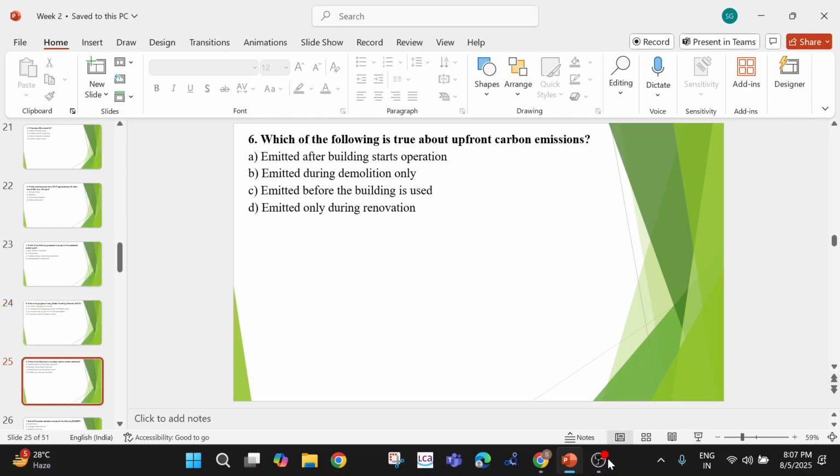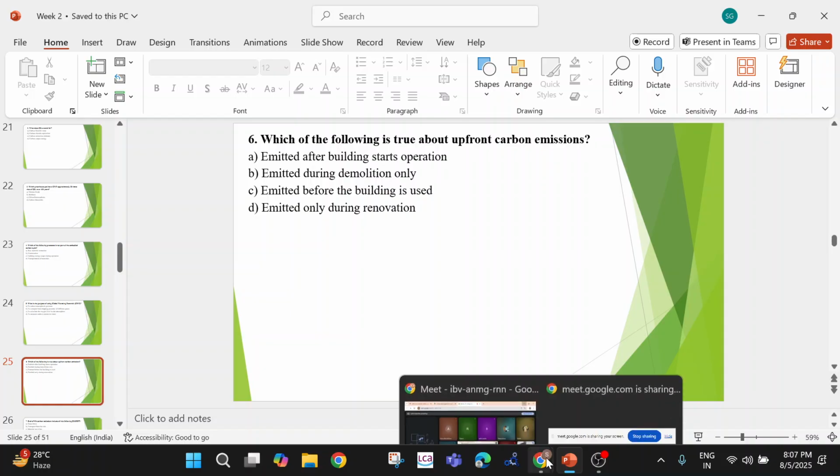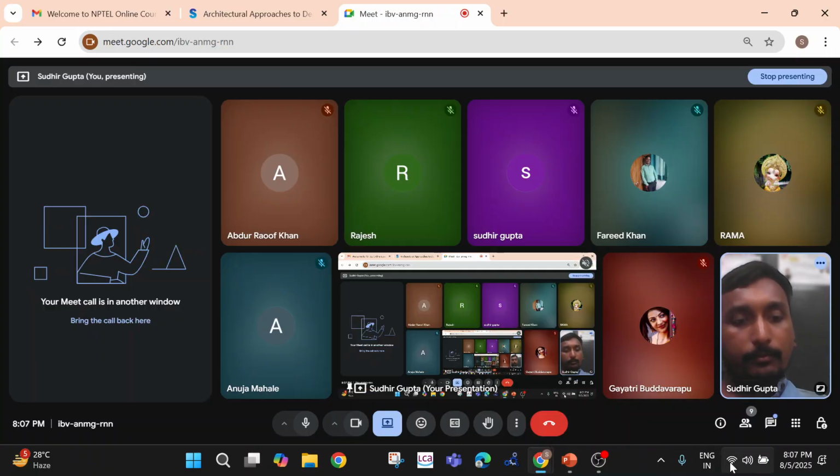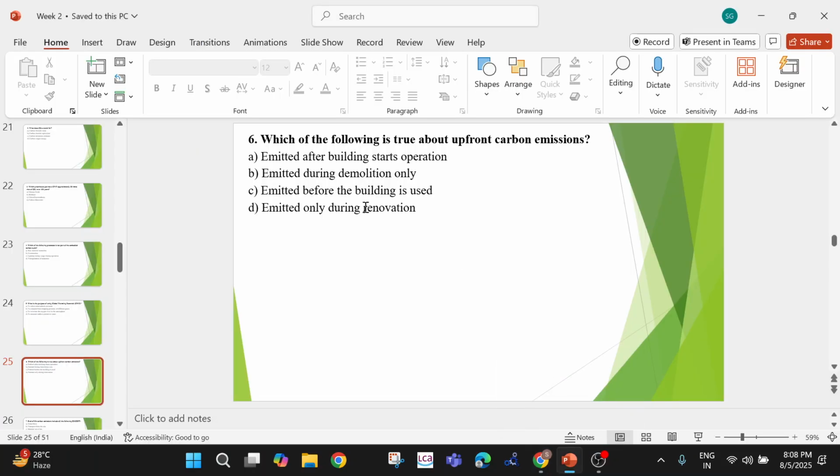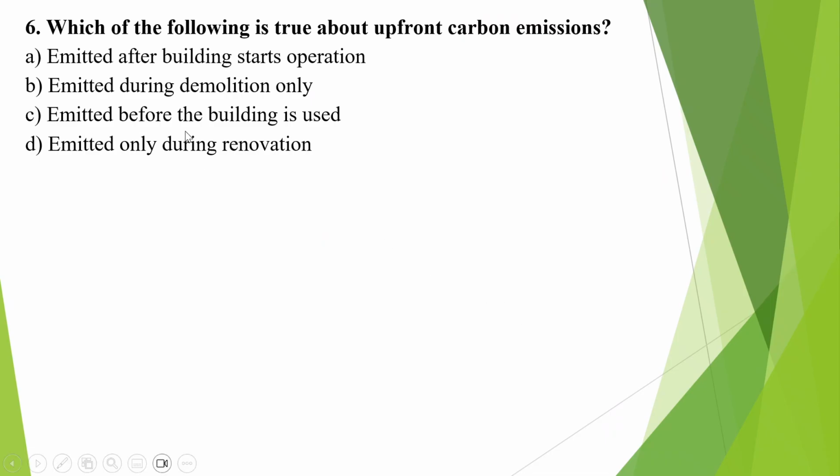In lecture 3 it was well discussed, and all of you who have given the answer have understood it well. Option C is the answer for this question number 6: all the carbon emissions that are emitted before the building use are referred to as upfront carbon emissions.